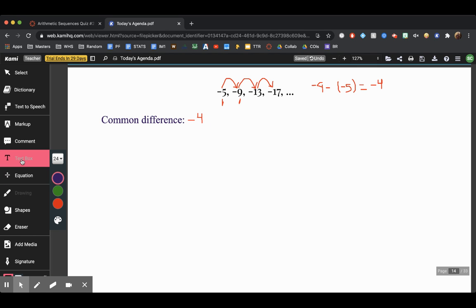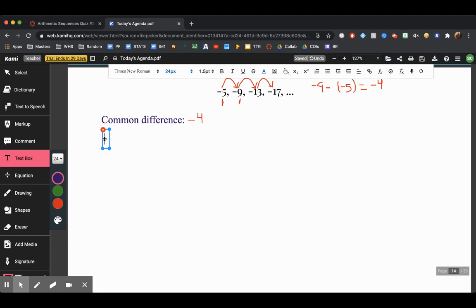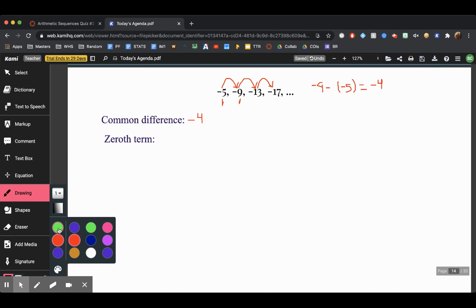Now, the next item that we find is the 0th term. The 0th term is the number that happens before the first term in the sequence. So in this case, it would be the number that is missing here. To find this, we do the opposite of what we were doing to find the other values.